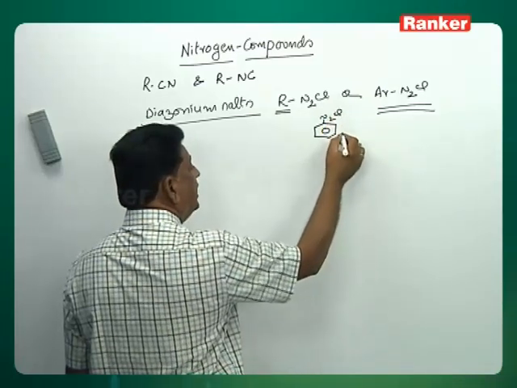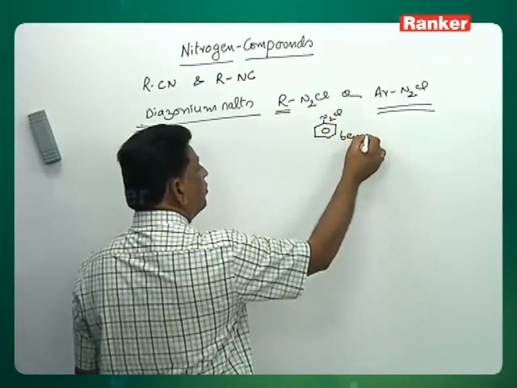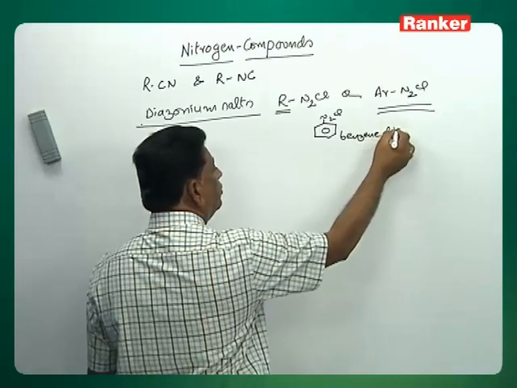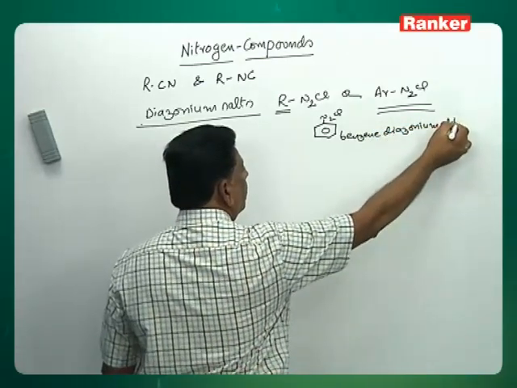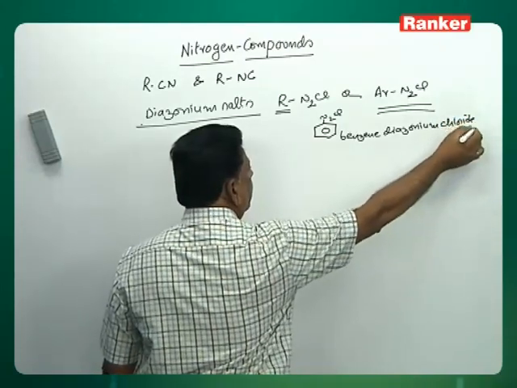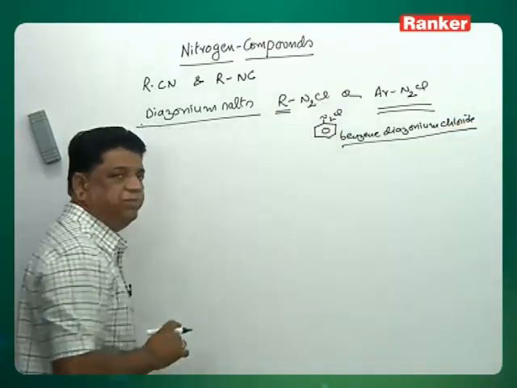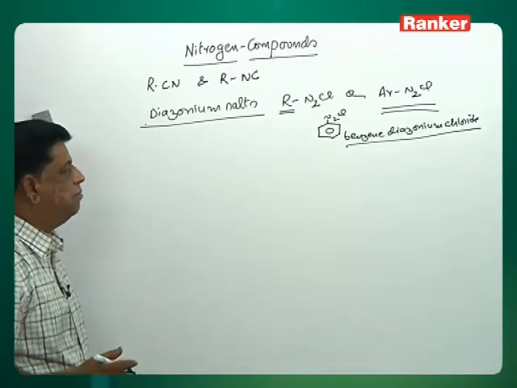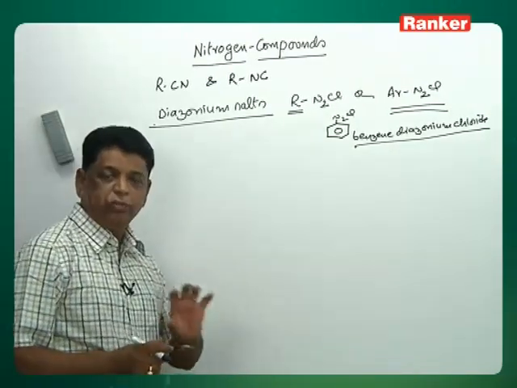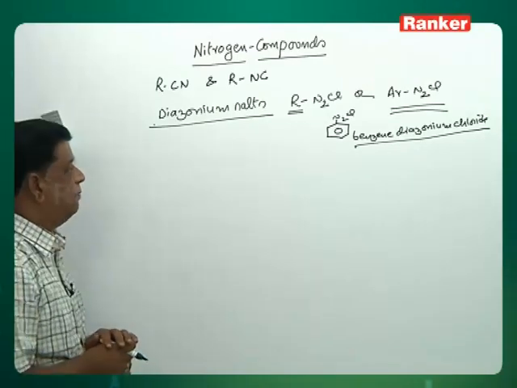This is called benzene diazonium chloride. In the aliphatic case, diazonium salts are unstable, they decompose and give alcohols. Therefore, benzene diazonium chloride is a suitable example to discuss the different applications.